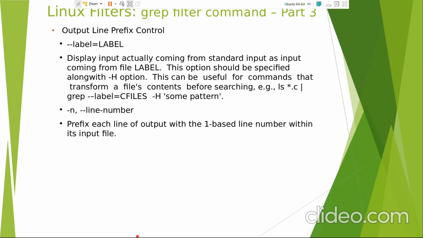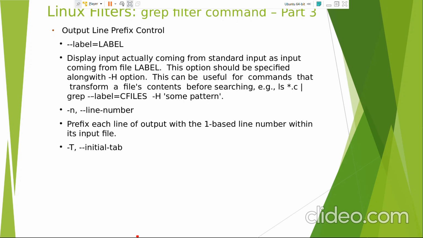What if we want to prefix every output line with the line number from the input file? Which line number? The line number this line has in the input file. That line number also I want to prefix to every output line. Then I can specify the hyphen n option or hyphen line number option.